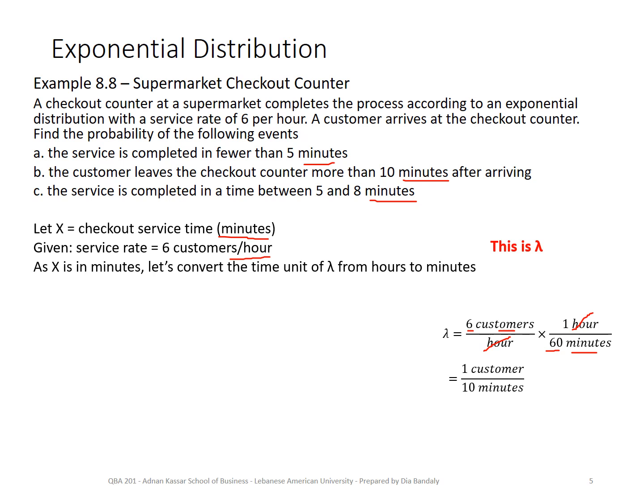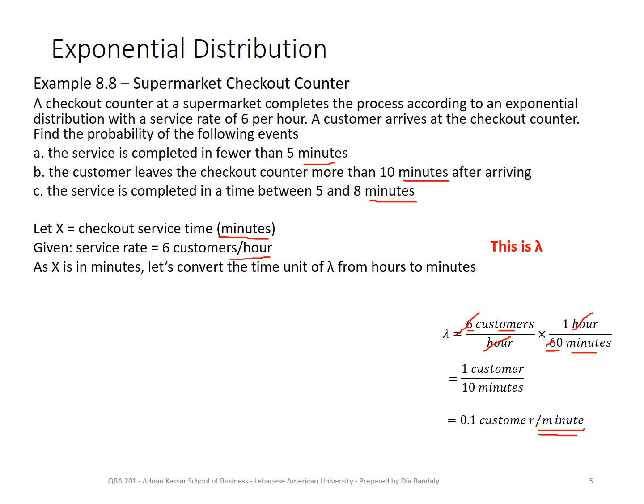The 6 and 6 cancel, and I am left with 10 in the denominator. So it's 1 customer per 10 minutes, which is 0.1 customer per minute. Now the time unit of my lambda complies with the time unit of my x.